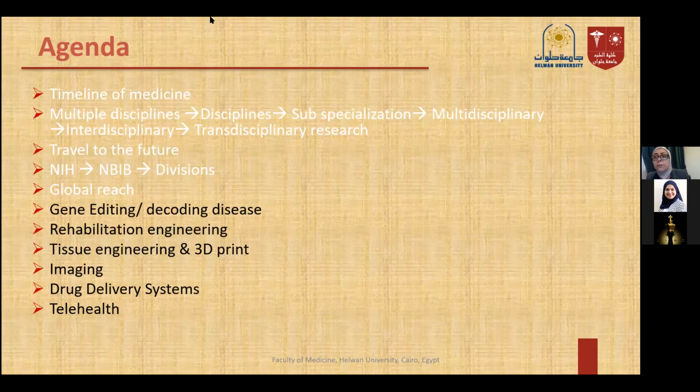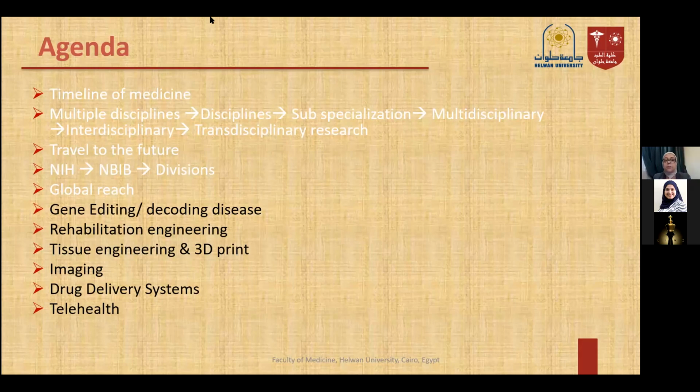Then we travel to the future, and to travel to the future, we need to know what we are working on nowadays in the field of research. So we discussed what the National Institute of Health is and the major divisions, and we know the term global reach, okay?